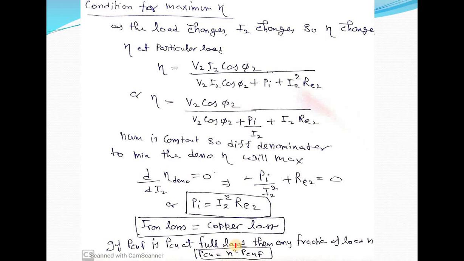So from there we can also calculate the fraction n. n is equal to the root of PCU divided by PCUF, and n is the fraction of the load at which the efficiency will be maximum. So this can also be calculated.